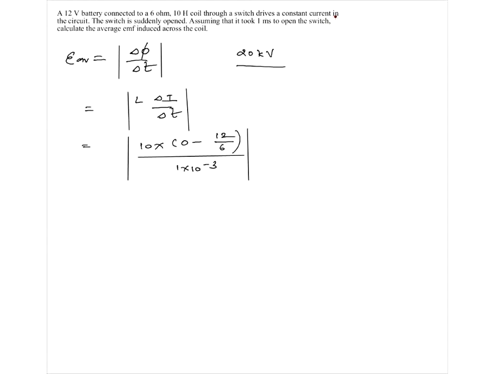Then suddenly from steady state, switch is opened. Now open means I should be 0, but not possible to have it 0 immediately. If you say, well, I just cut the switch, so current should become 0 at t equal to 0, then sometimes when you are using some heavy appliance, see the sparking.